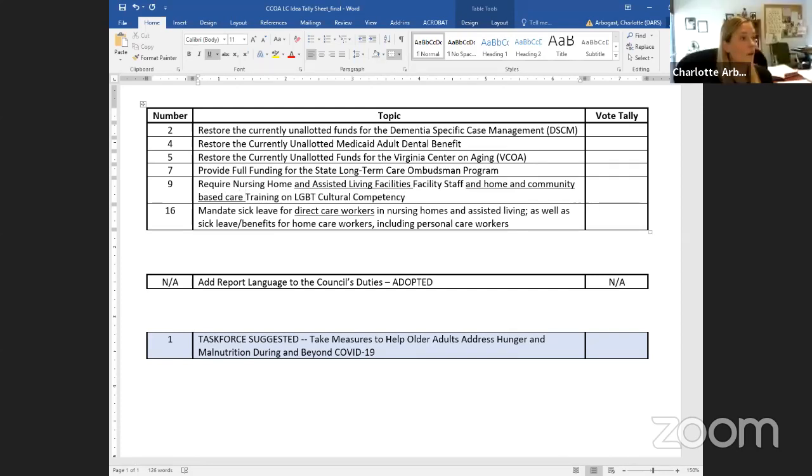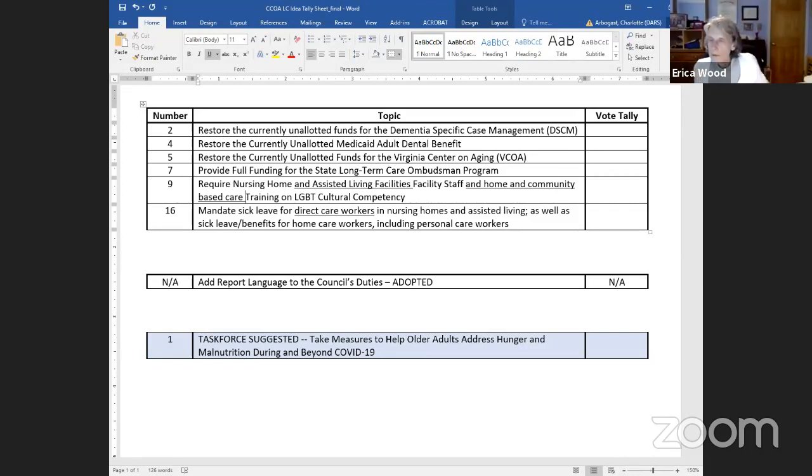I guess the thing is, if there was a bill that was supposed to be aligned with the initiative of the council, in order to have a bill you would have to be clear about who you're applying the training requirement to. You couldn't just do home and community-based as a concept. Correct.